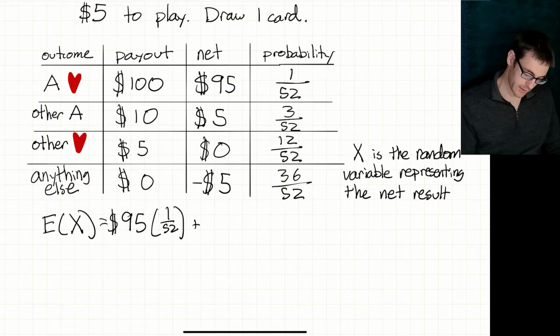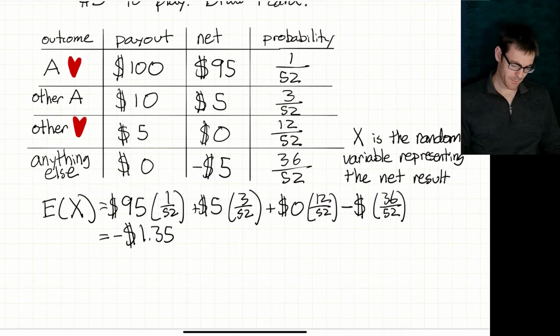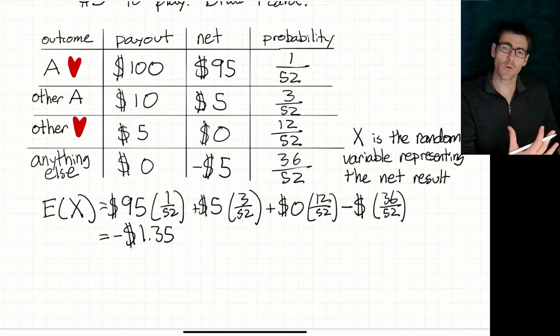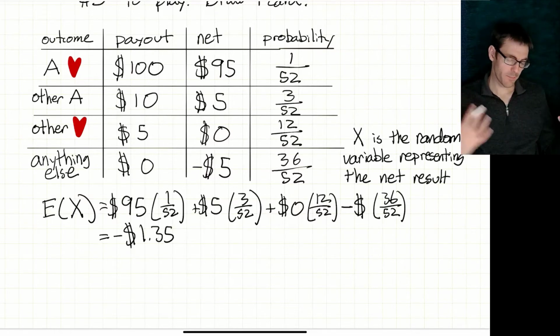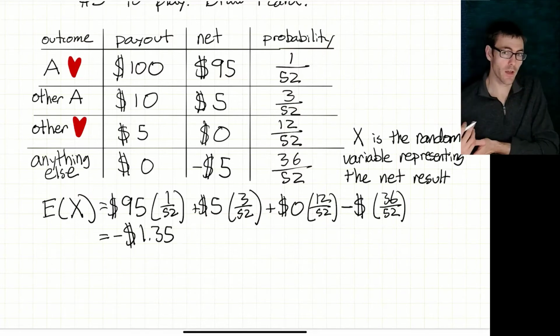Sometimes we're going to get plus 5. That's going to happen 3/52 of the time, and so forth. Which I believe ends up being negative $1.35. So the average outcome, or the expected result of playing this game, is to lose a little over $1.